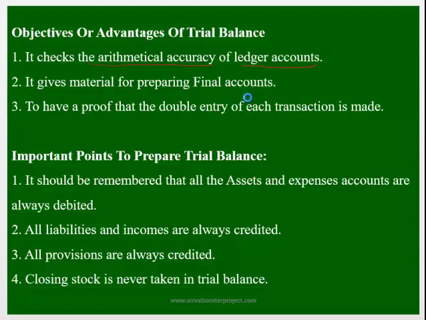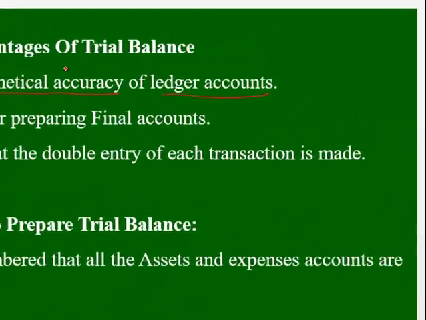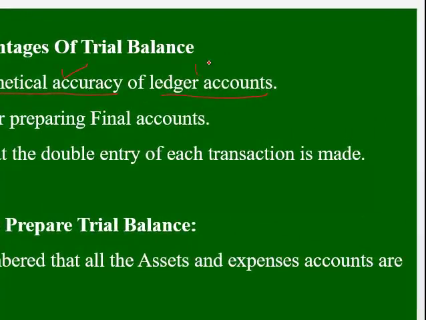At the end of the day, before we prepare the final account, we must try as much as possible to see whether we have a mistake in these accounts or not. To find out whether we have committed any arithmetic mistake in those ledgers, we need to prepare a statement referred to as a trial balance. And so the first thing is to check the arithmetic accuracy of the ledger accounts.